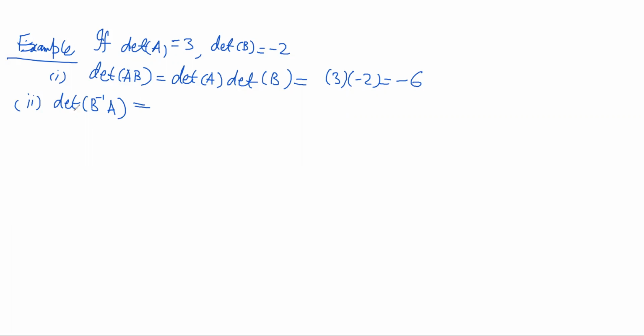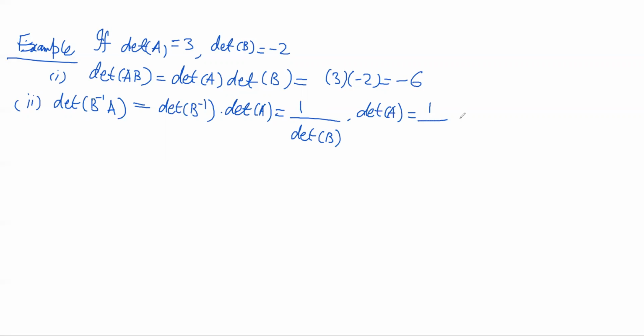First we take B inverse: the determinant of B inverse times the determinant of A. We know that the determinant of B inverse is 1 over the determinant of B, times the determinant of A. The determinant of B is minus 2 and the determinant of A is 3, so it is minus 3 by 2.